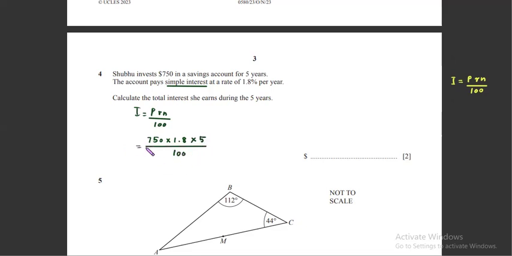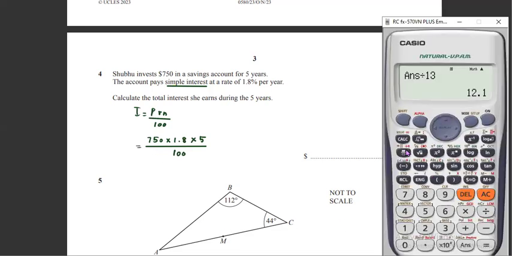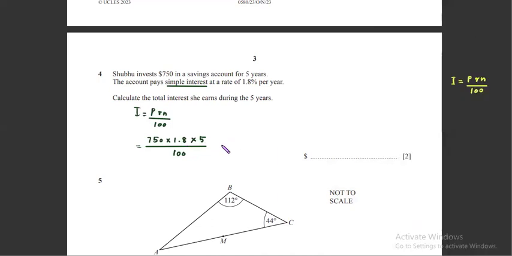So I'm going to put this in the calculator. I'm going to put 750 times 1.8, times 5, and then divide that answer by 100. When I do that, I get 67.5. So $67.5 is my answer.